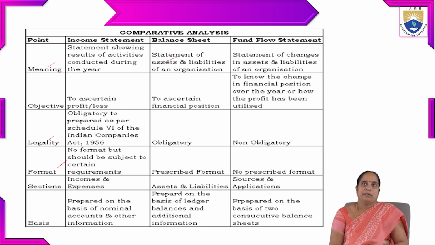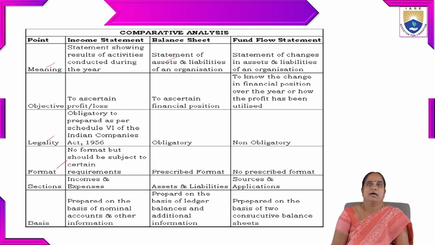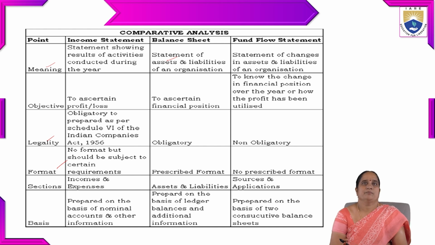So, coming to the comparative analysis of income statement, balance sheet, and funds flow statement, let us start with the meaning. The income statement, or profit and loss account, is a statement showing the results of activities conducted during the year. Coming to the balance sheet, it is a statement of assets and liabilities of an organization.